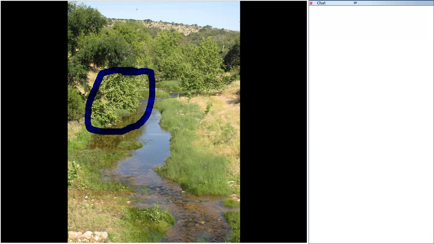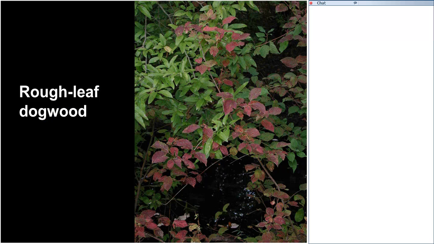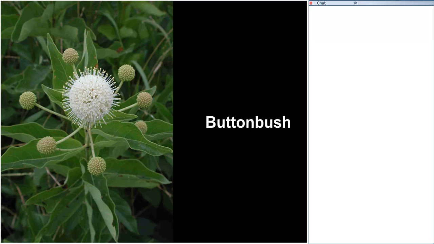So that's important to have and to be looking at as far as quality is concerned. Some of the species that we might have in those areas are things like roughleaf dogwood, buttonbush, which is found throughout East Texas and into Central Texas in riparian habitats.